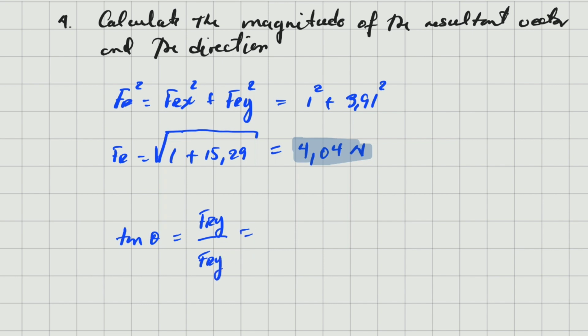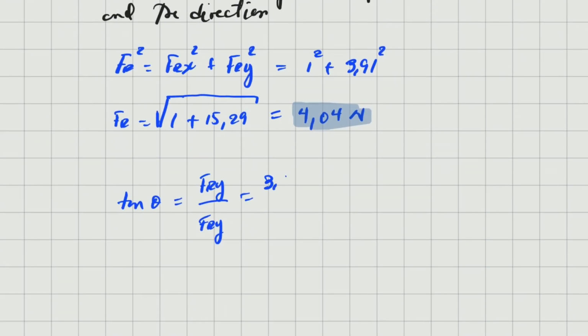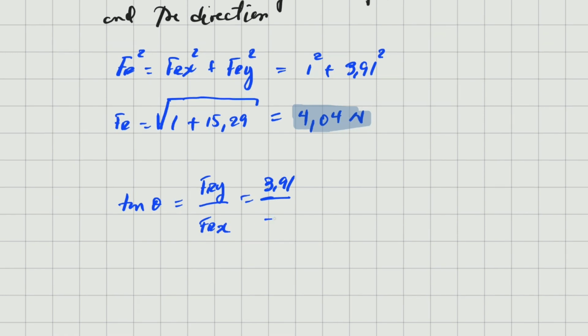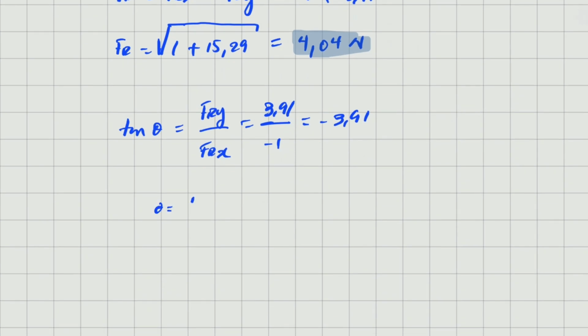Okay, now FR in y was going to be 3,91, divided by FR in x, sorry, this is FRy divided by FRx, a mistake there, we go, which is minus 1. So this gives you minus 3,91. And now how do you get theta? Theta is equal to tan to the minus 1 of negative 3,91.